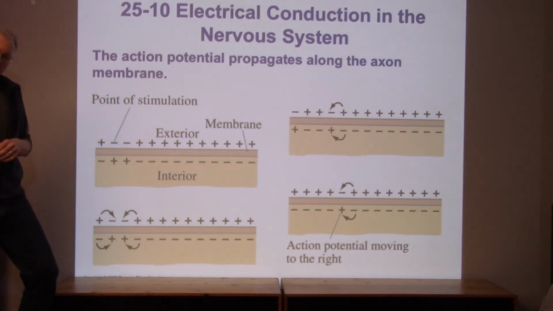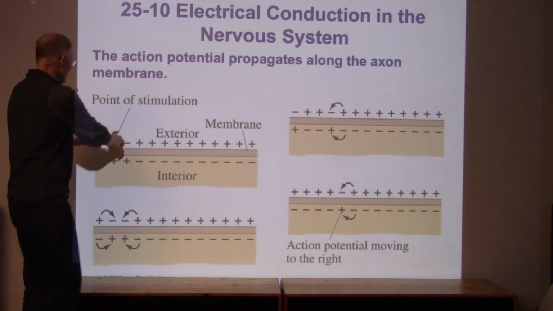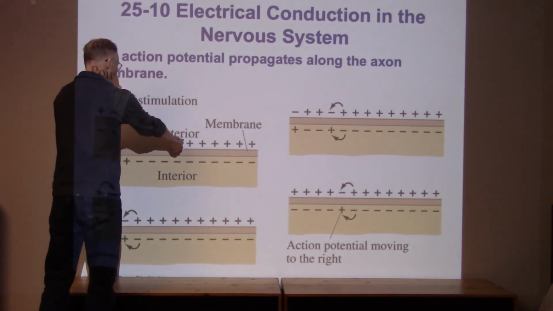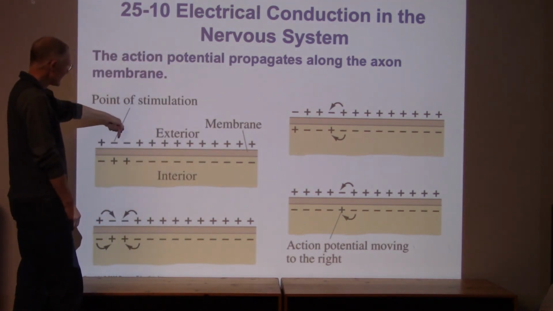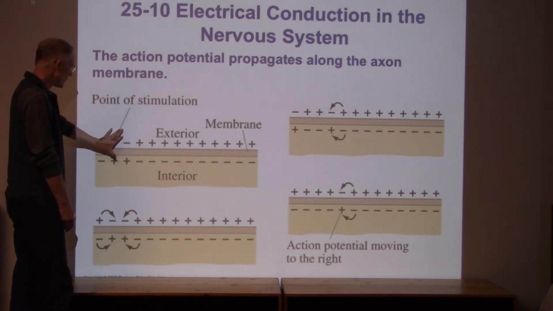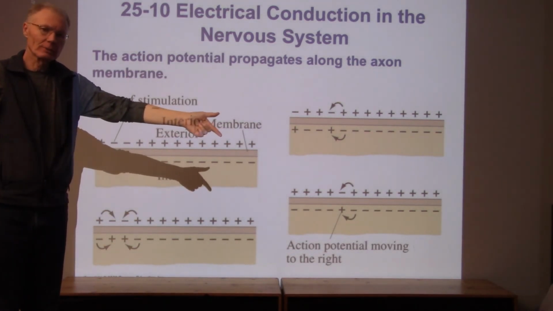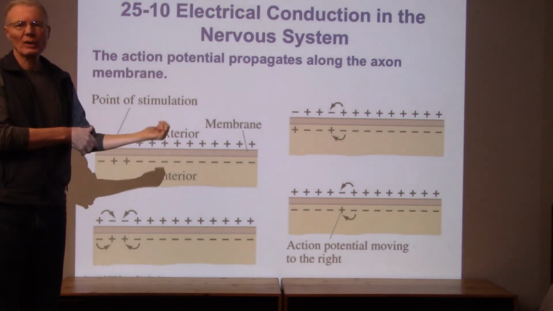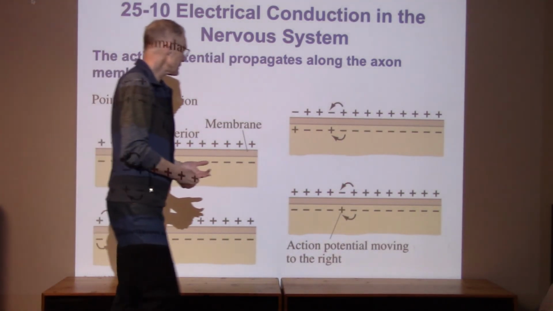Now it's not like we have current racing down along the axon. What we have is this series of reversals that take place along the axon once we set off one of these protein channels, once we identify a point of stimulation where this charge difference reverses, that sets off a series of events. So if you want to call that electrical conduction, I guess, but that's the idea.